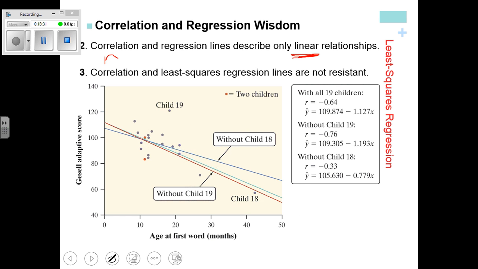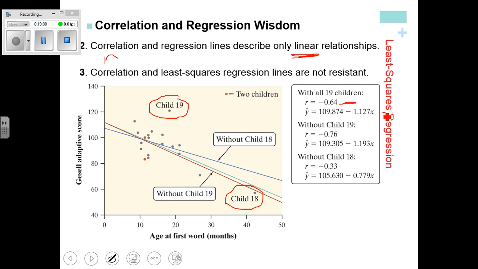Note also the difference between your outliers and your influential points. Here an influential point at this child 18. Here an outlier at this child 19. And notice your lines are not resistant to those points, and your R is strongly affected. Here was our original R with all the data, negative 0.64, and here was our original least squared line.